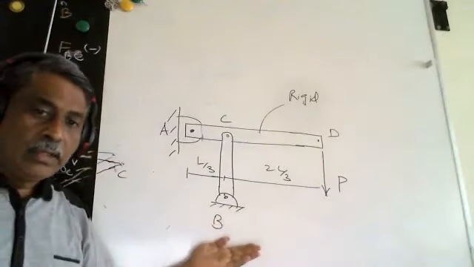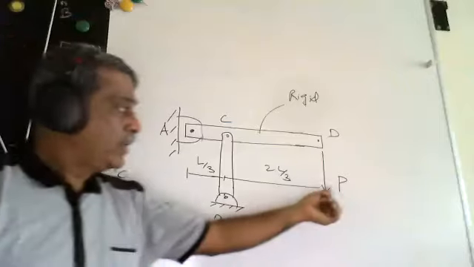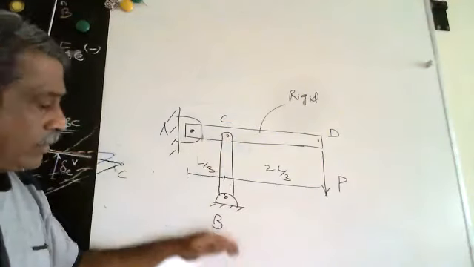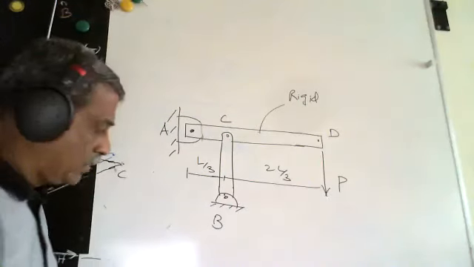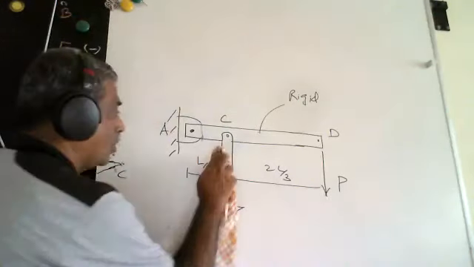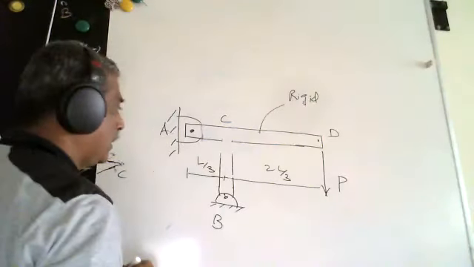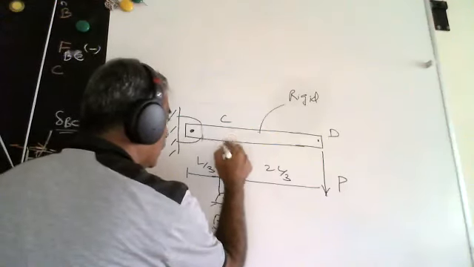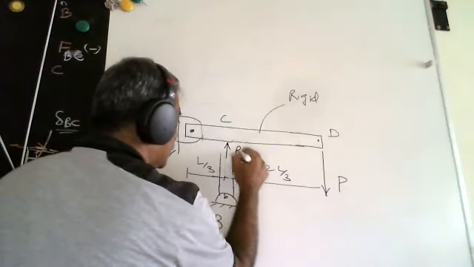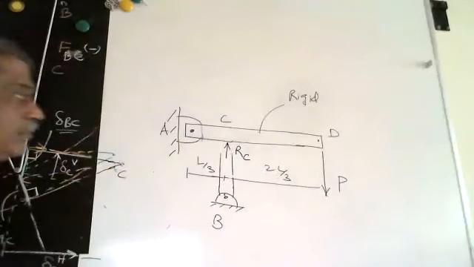This is simple. Why simple? When I apply the load over here, I can remove this rod and instead apply a reaction RC.